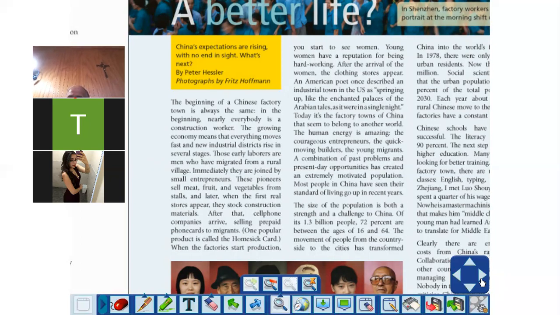Of its 1.3 billion people, 72% are between the ages of 16 and 64. So in general, the population in China is very young. On the contrary, with us, in Chile, our population is mainly old people.